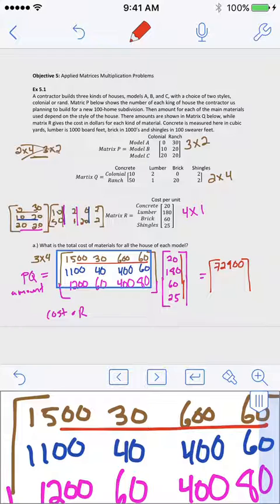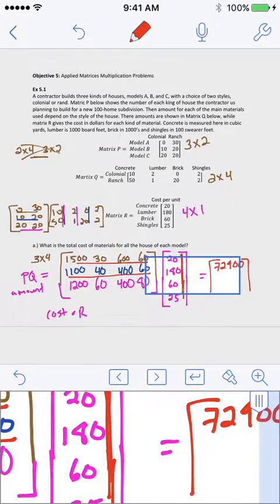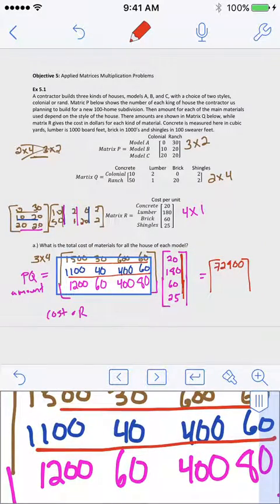Let's do the same thing for Model B. So we're going to do the second row times the same column. So 1,100 times that first entry of 20 is going to give me 22,000 for the cost of the concrete, right?